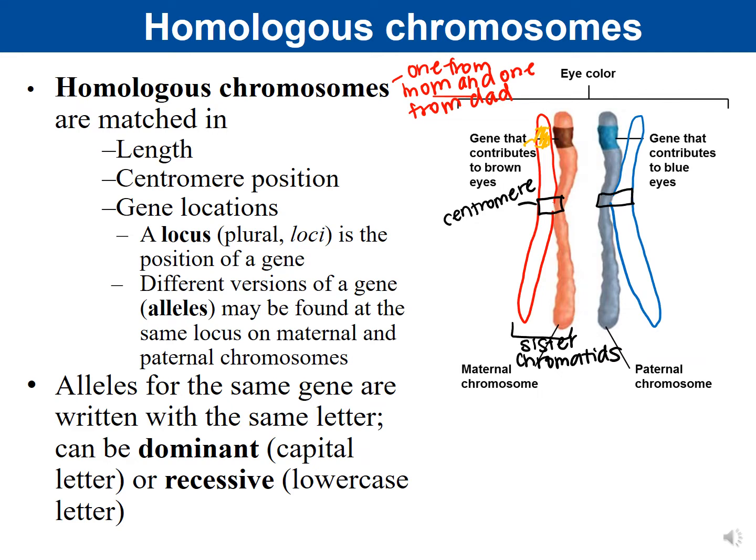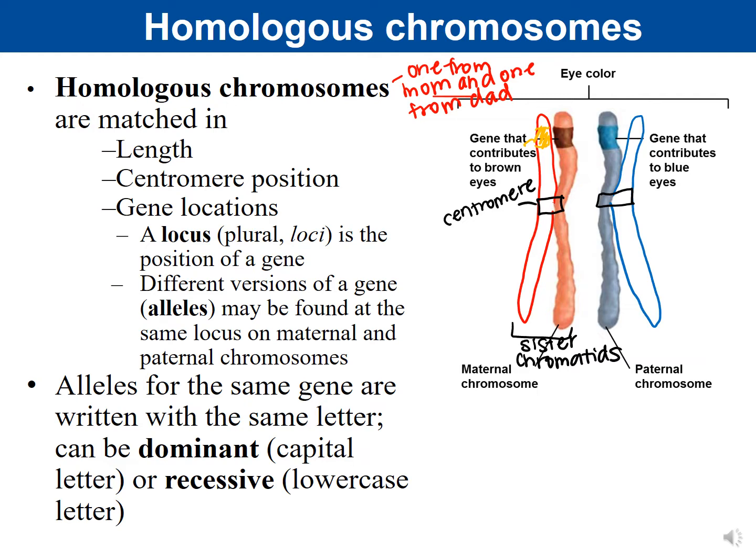So notice that at the same position on the chromosome, you're going to see that centromere. What you'll notice if you get a chance to look at a karyotype is that sometimes centromeres are in the middle, but not always. They can be off to one end of a chromosome and not in the middle. But within a homologous pair, the centromere is in the same position.